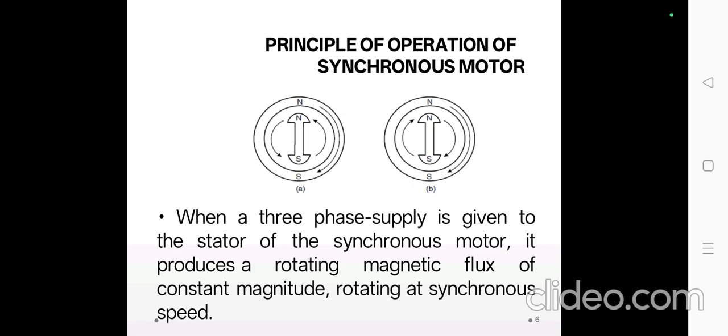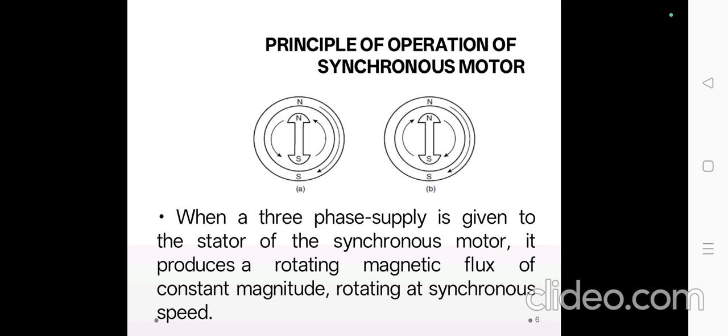Assume a rotor construction to be two-pole salient type. Let these poles be N2 and S2. Now one magnet is rotating at Ns having poles N1 and S1, while at start the rotor is stationary, that is, the second magnet is stationary having poles N2 and S2.